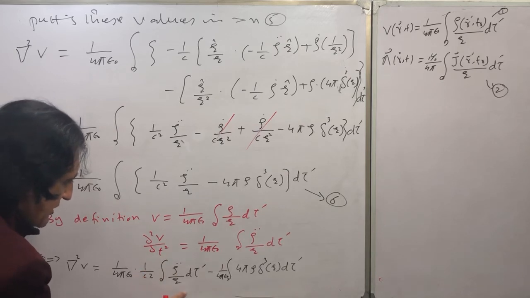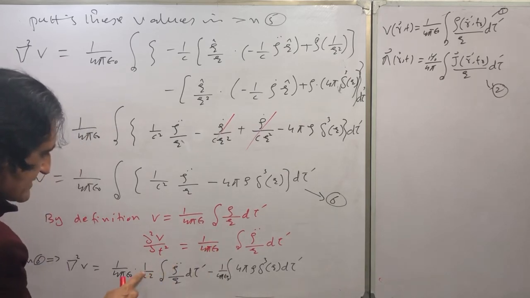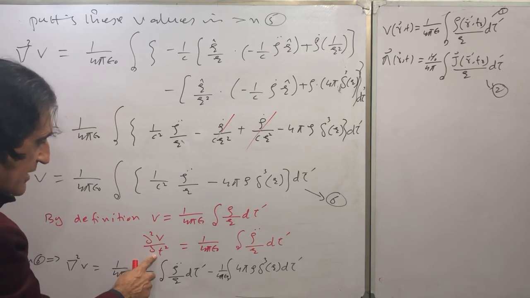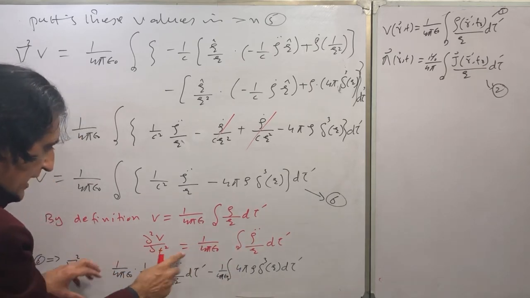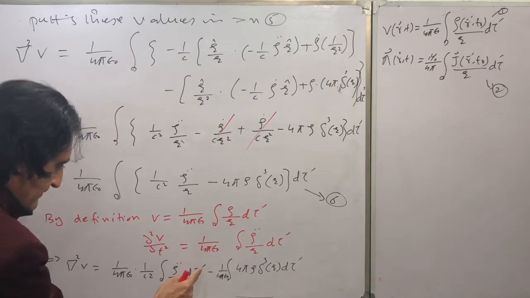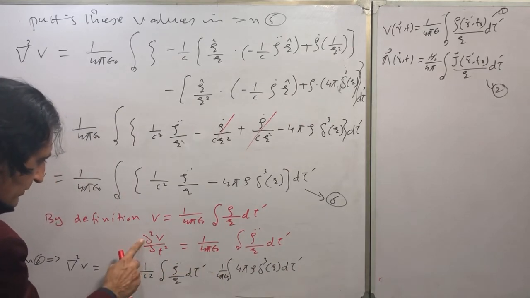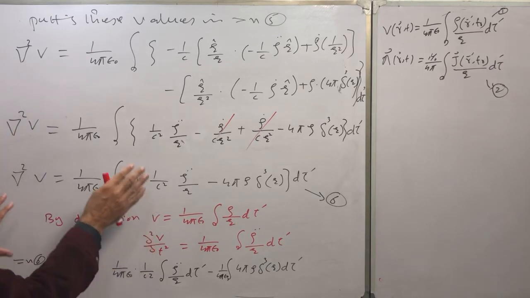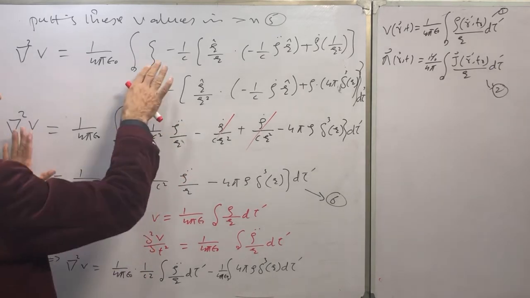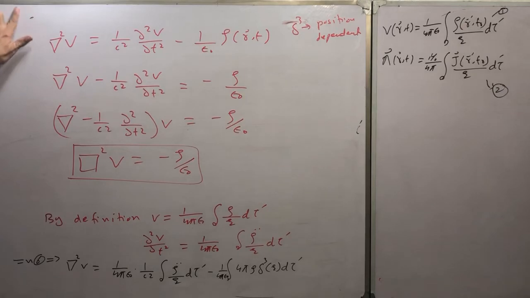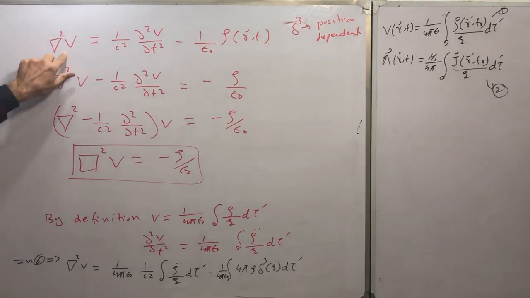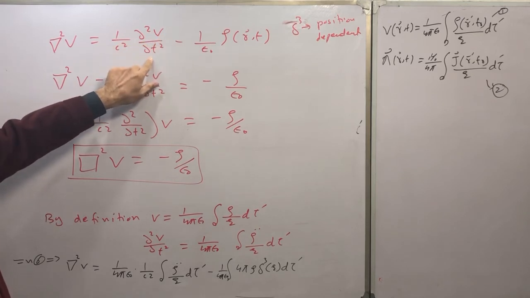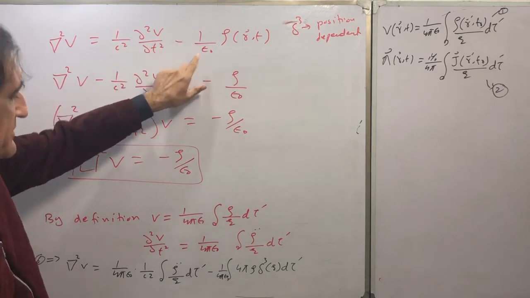So this term is nothing but partial square v divided by partial t square. Putting this value here, the equation must have the form: del square v is equal to 1 over c square, partial square v divided by partial t square, minus 1 over epsilon.